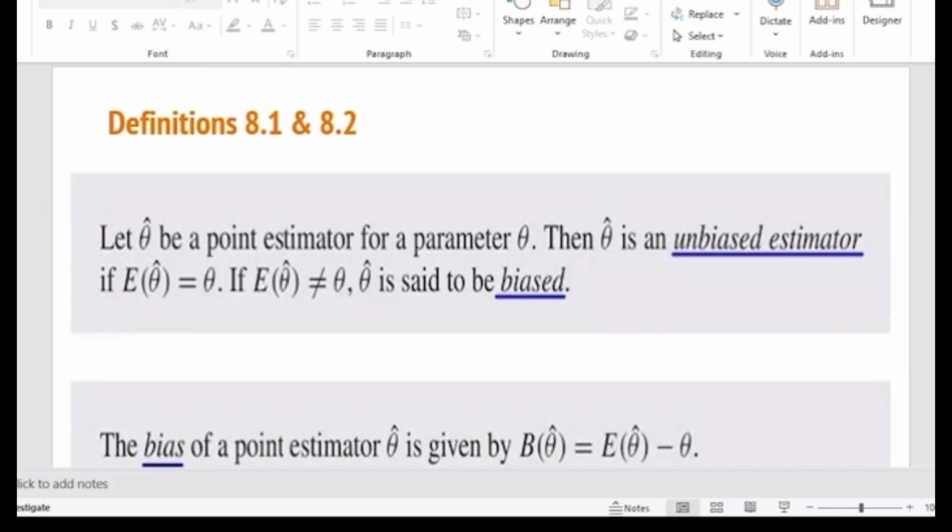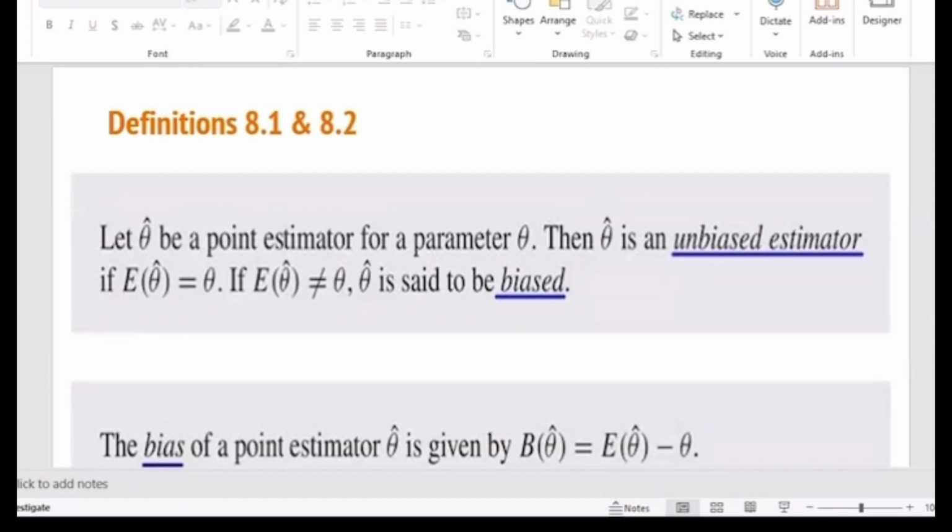Working with a sample, we need a method. That method is what we call an estimator. The estimator here is denoted as theta cap. It's called a point estimator for a parameter theta. We say theta cap is unbiased when the expected value of theta cap is the same as the true value of the parameter.